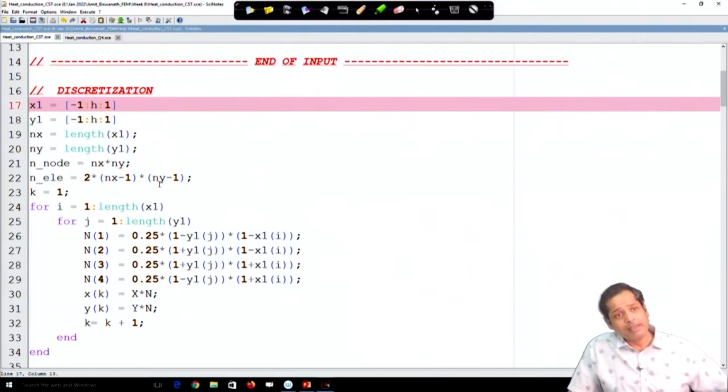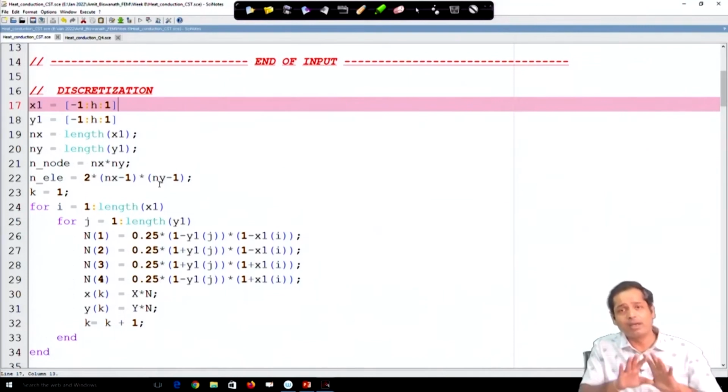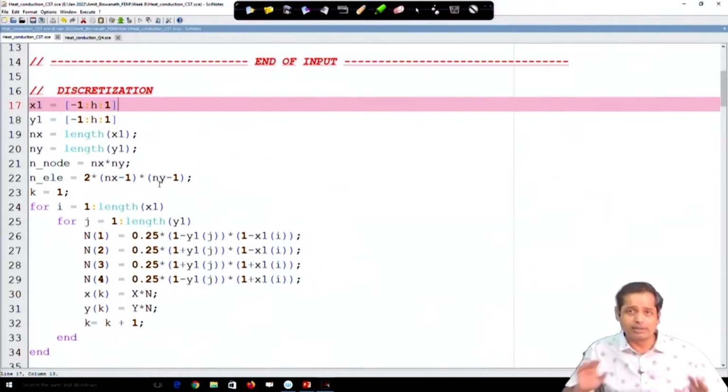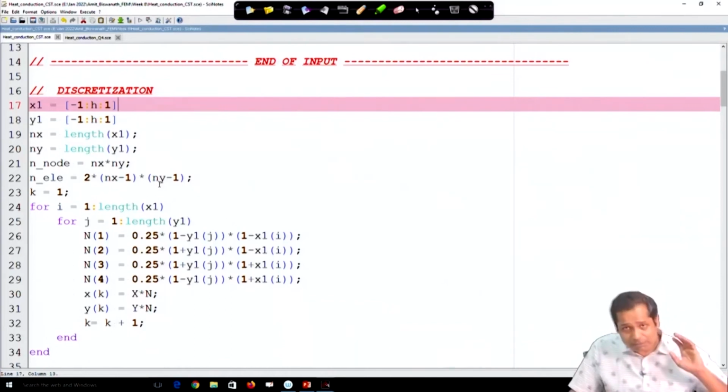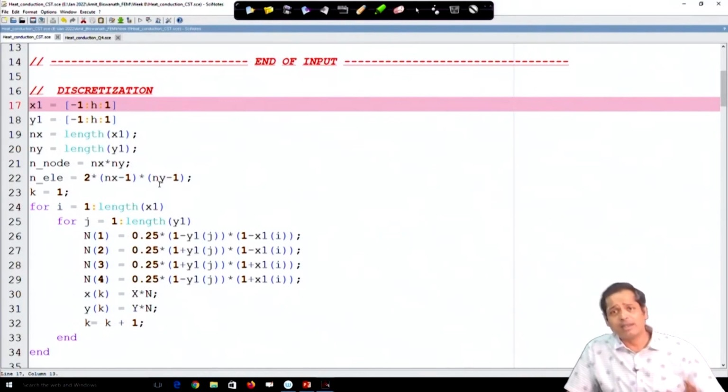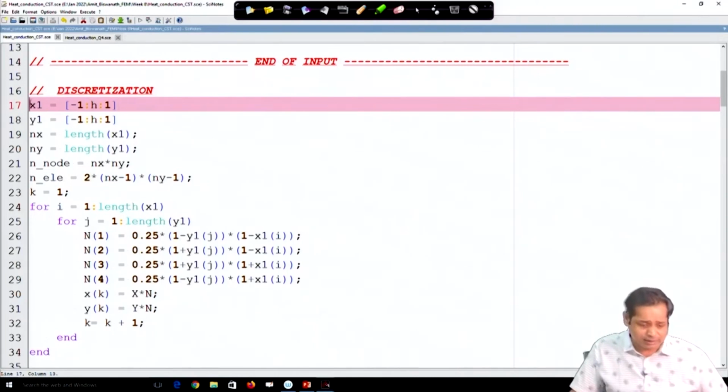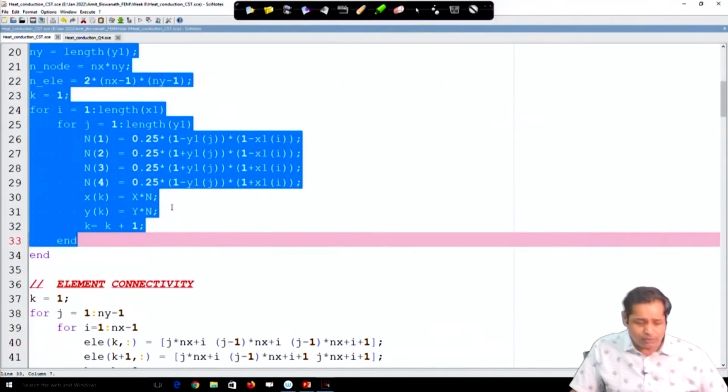We have created several points in the x and y directions, taken the tensor product, and then, using the shape functions constructed on the square domain, we map this discretization to the discretization in the actual structure. This is how the discretization is done. Once you go through this, all these programs will be uploaded on the forum.